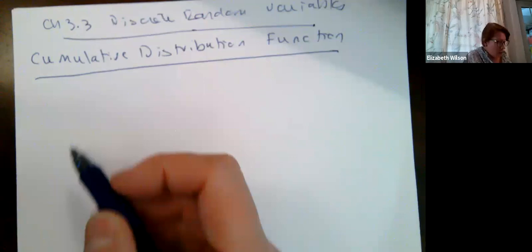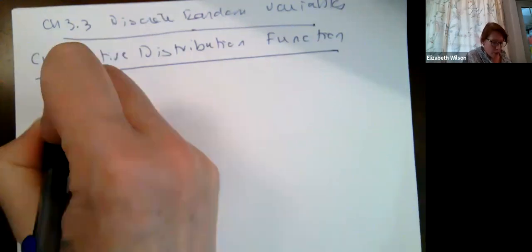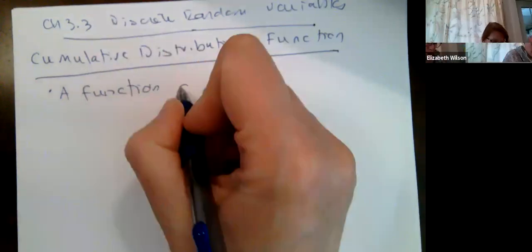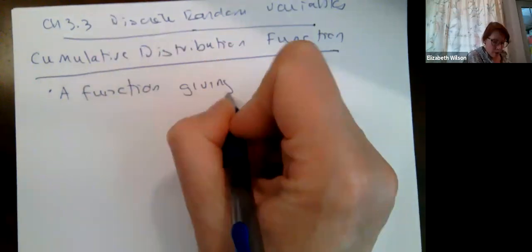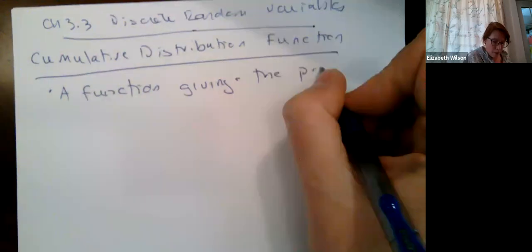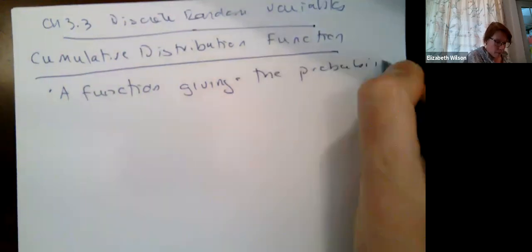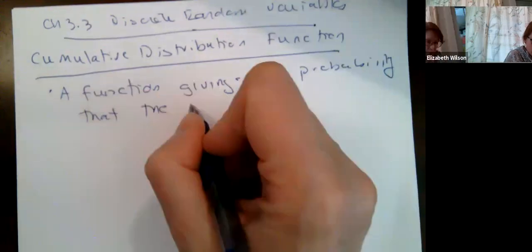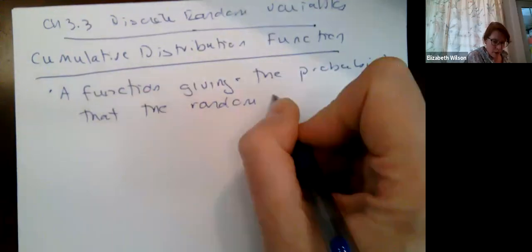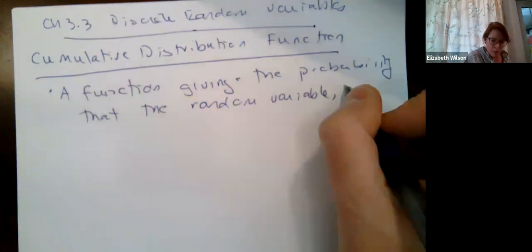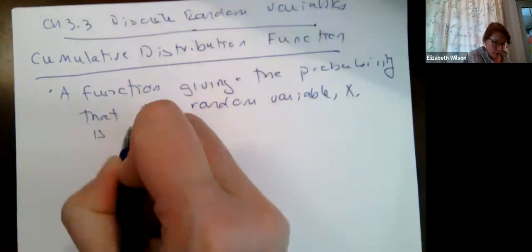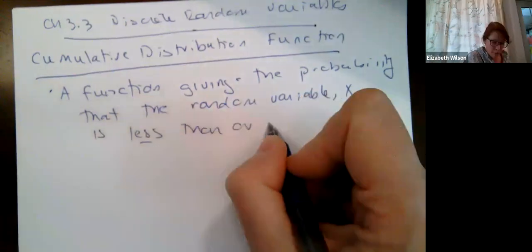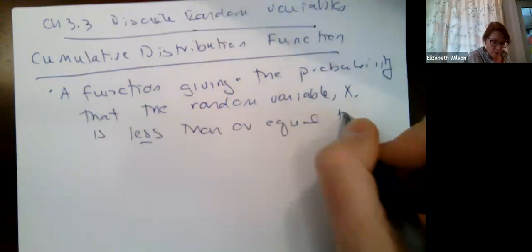So a cumulative distribution function is a function that gives the probability that the random variable, and it could be whatever we call it, but we've been calling it x, is less than or equal to some value k.